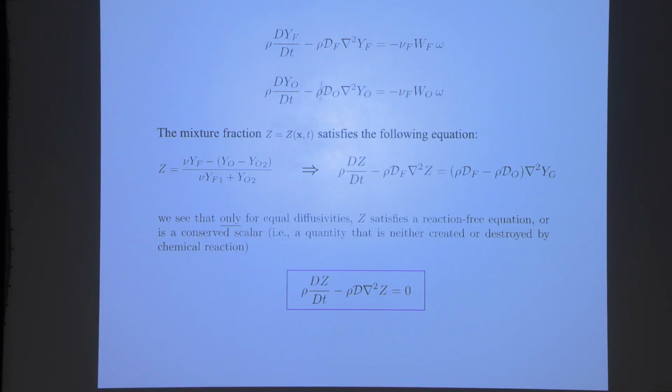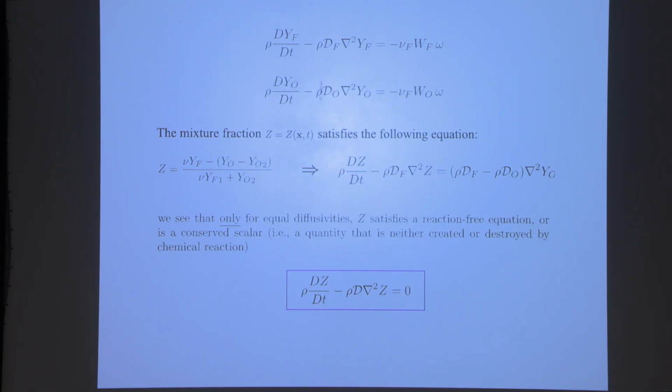Now, how is that relevant? Here is the equation for the mass fraction of fuel. Here is the equation of the mass fraction of the oxidizer. And the mixture fraction Z is essentially the difference between nu multiplied by YF minus YO.